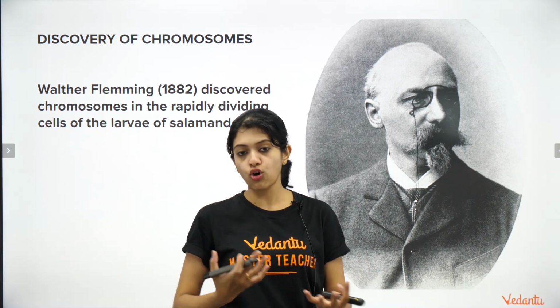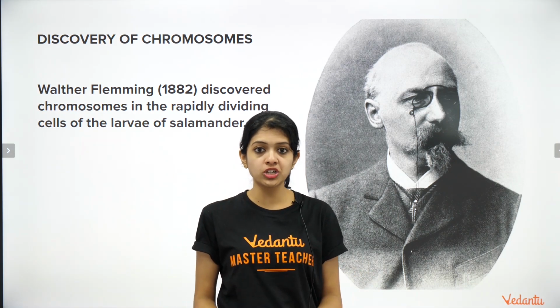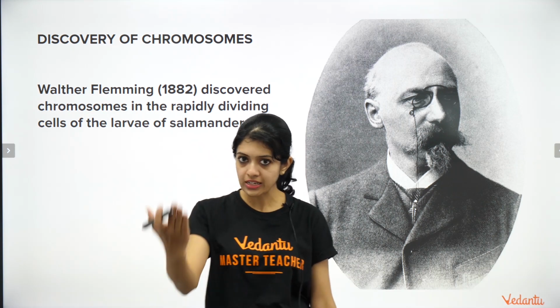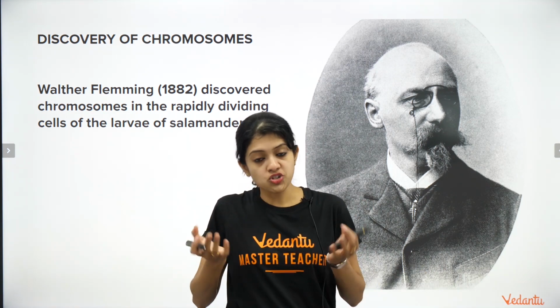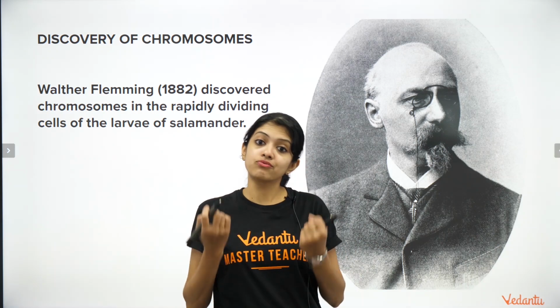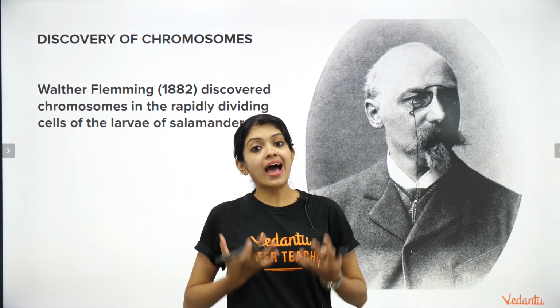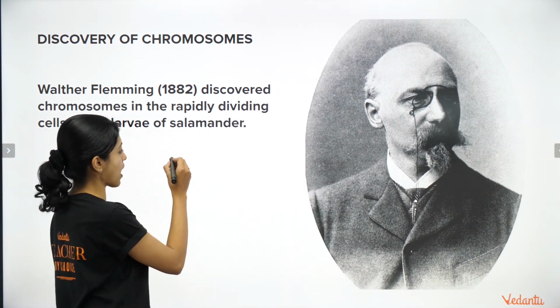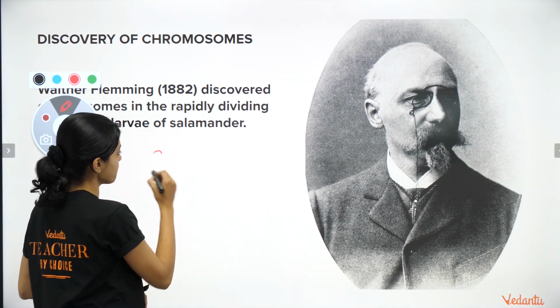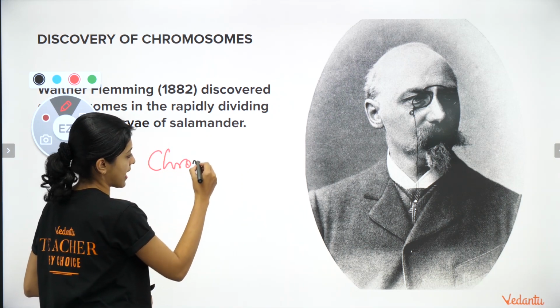For the purpose of experiments in a biology lab, different kinds of stains are used, right? You must have learned even in your practical classes, right? So since these structures take up some of the stains very easily, they appear as colored structures. And that is how the name chromosome came into existence.